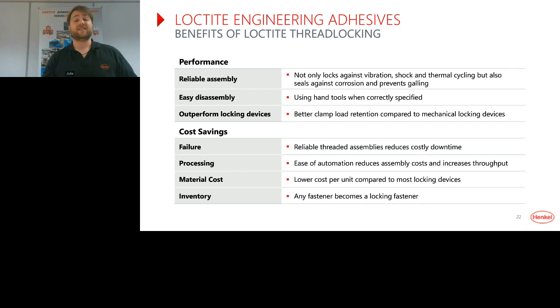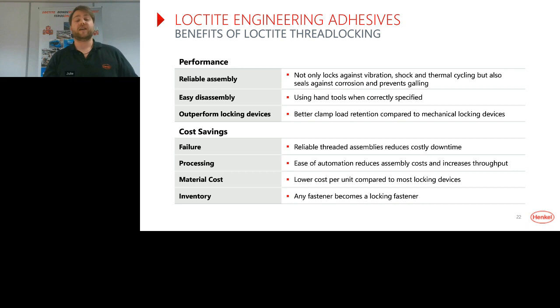We offer easy disassembly when correctly specified, for example, Loctite 222 or 243, and we can also outperform traditional locking devices by offering better clamp load retention compared to traditional fasteners, as seen in the graph and demonstrated in the video.